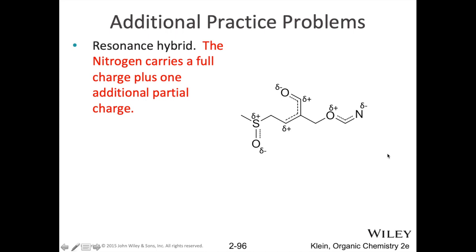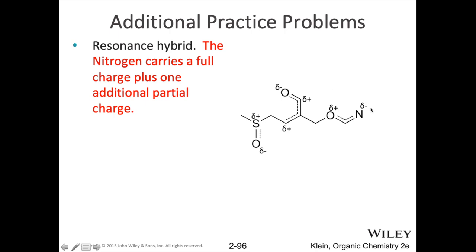Okay, so if you want to see the resonance hybrid, if you put together all of these resonance contributors, you have partial double bond character here and here. You can see how that double bond is kind of delocalized amongst these atoms. And notice how these atoms also have certain positive charges.